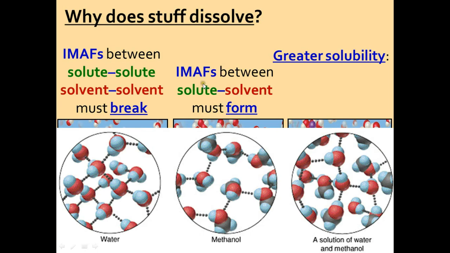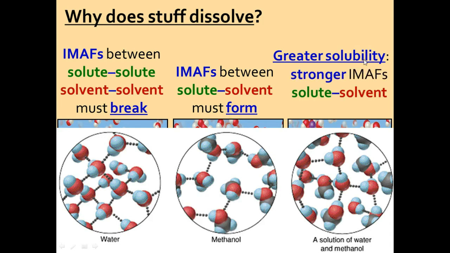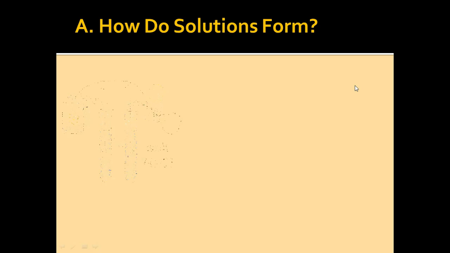So imagine two little friend circles, and then they intertwine. So they break their own connections and they form a nice, huge friend circle instead of just two separate groups. And remember, if it likes to form solute-solvent IMFs, the greater the solubility.